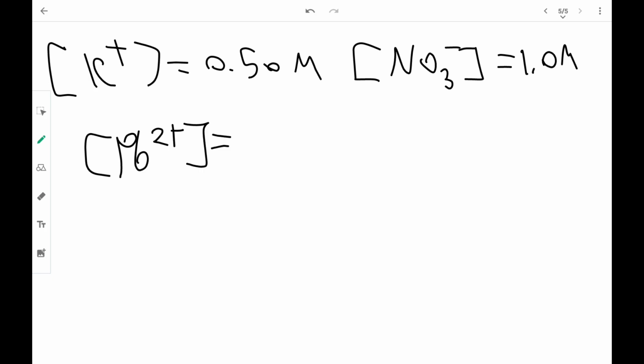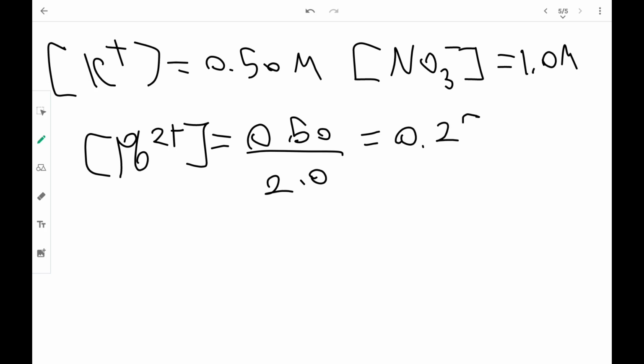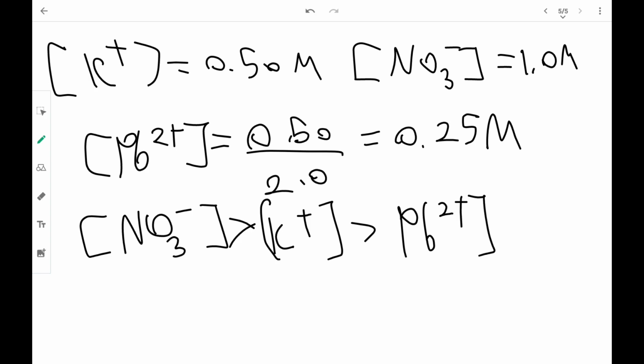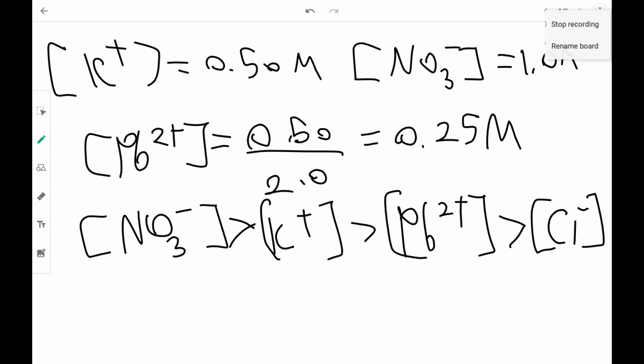From the last question we got that the number of moles of Pb2 plus is 0.5 over the total volume, which is 2 liters, which gives us 0.25 molar. And now let's list them all in decreasing order, the highest being NO3 minus, followed by K+, followed by Pb2 plus, followed by Cl minus, and that's it.